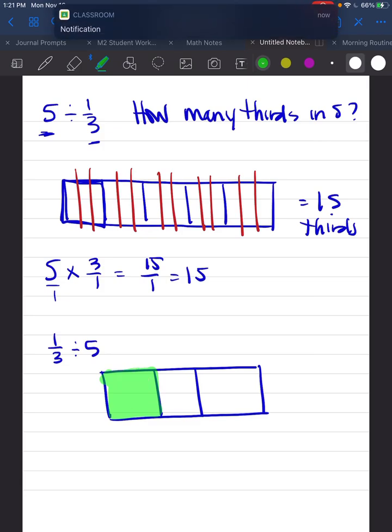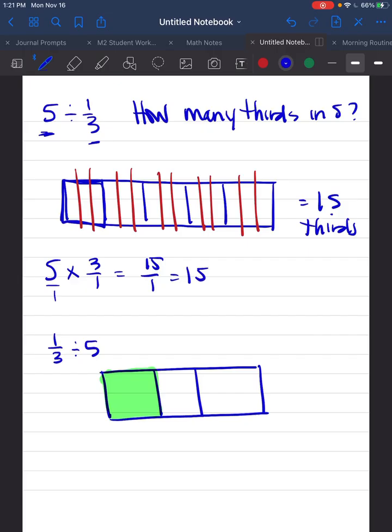So here's my model of 1/3. Now I'm dividing that 1/3 into 5 parts. So let's take this 1/3 and divide it into 5 parts. Didn't do that very evenly. Okay, 1, 2, 3, 4, 5. There's 5 parts.